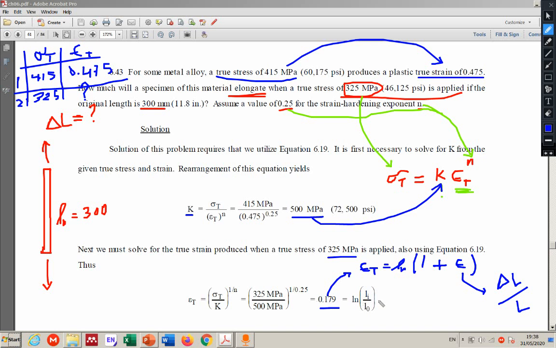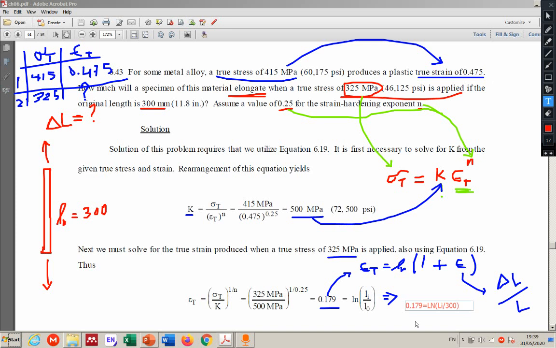Now if I just write it down, it's going to be something like this: 0.179 is equal to ln of Li over the original length, which is 300.